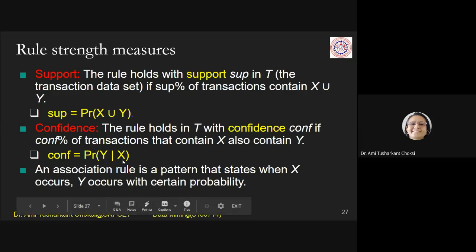Based on X, right? X is there and Y is there. An association rule is a pattern that states when X occurs, Y occurs with certain probability.